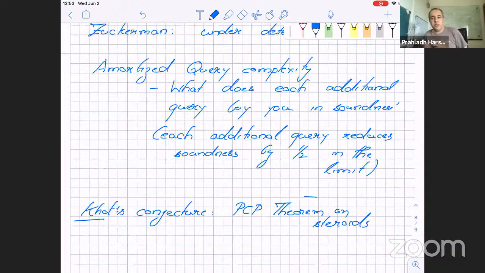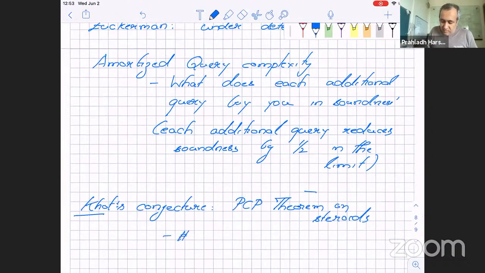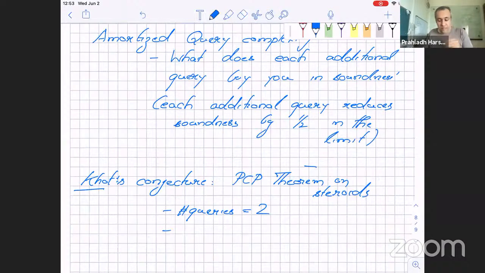He said there's a PCP theorem in which the number of queries is 2. It's not an arbitrary PCP theorem. You can show the PCP theorem in which the number of queries is 2. The predicate is a very special predicate. It's not arbitrary. Right now, the PCP theorem allowed for an arbitrary predicate. It's a very special predicate.